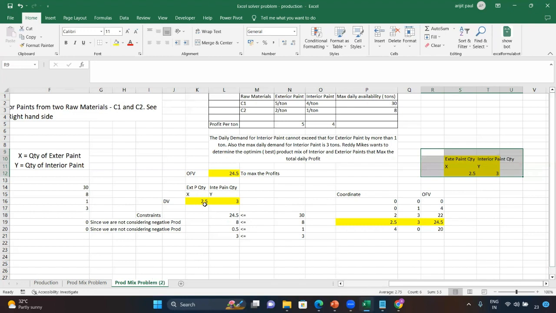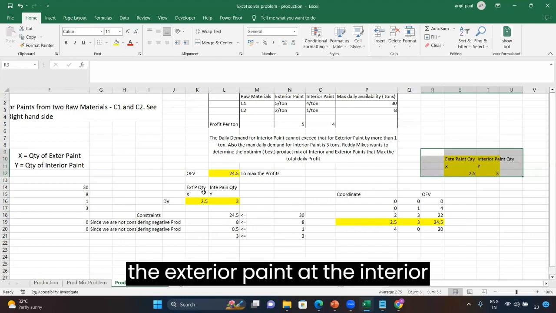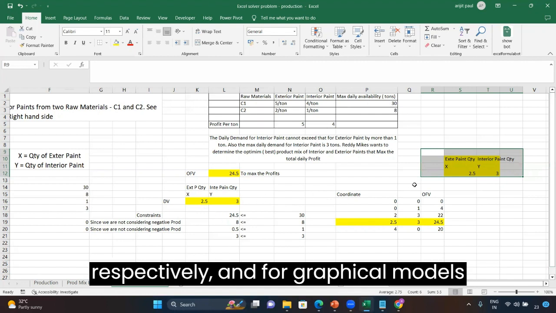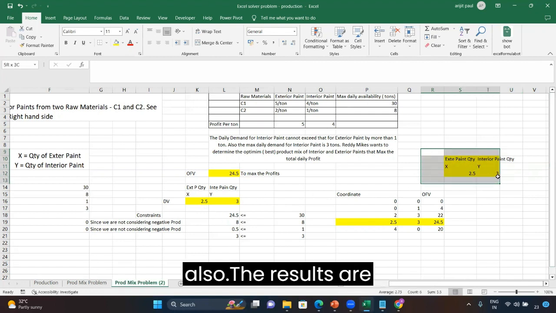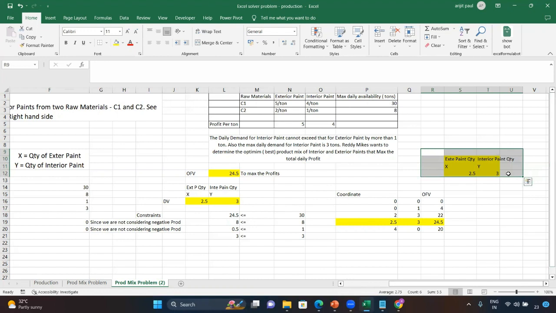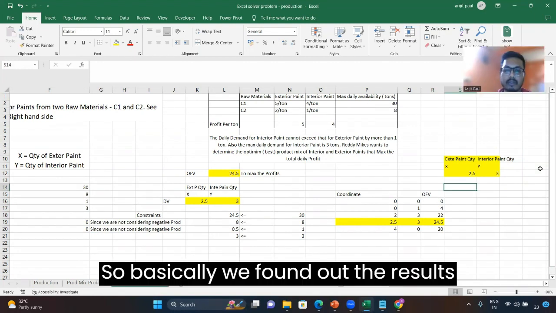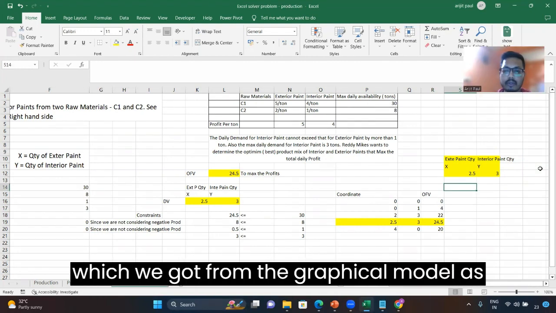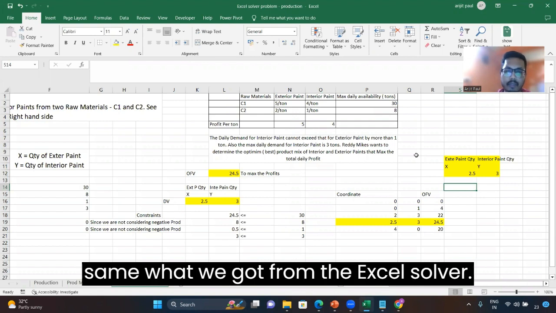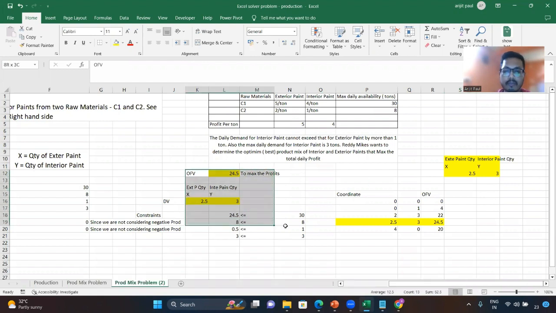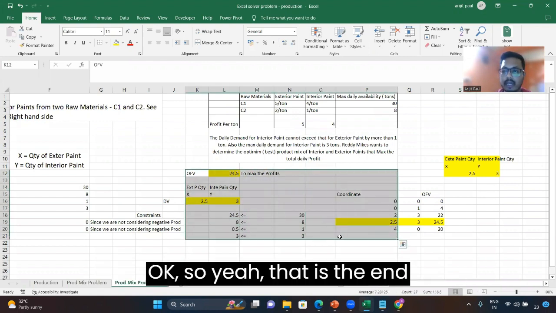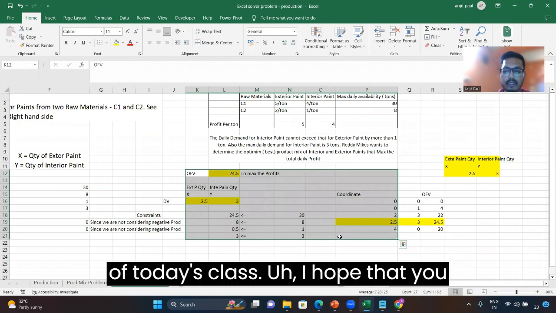For Excel solver also, the exterior paint and interior paint quantities are 2.5 and 3 tons respectively, and for the graphical model also, the results are the same. So that is the end of today's class.